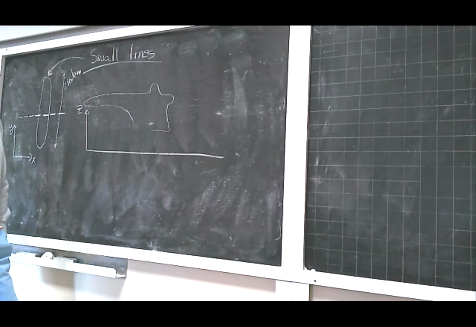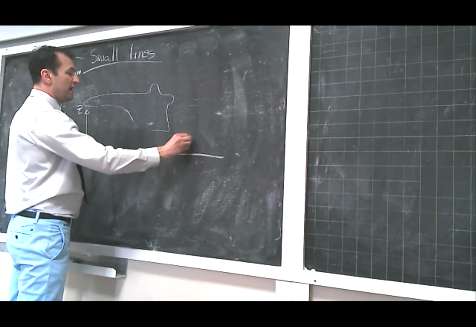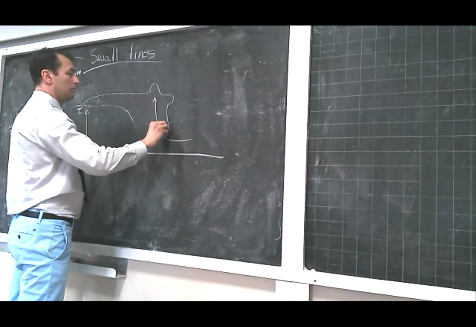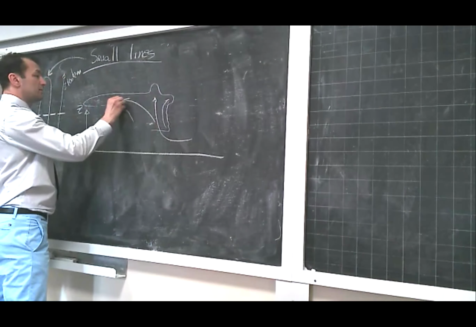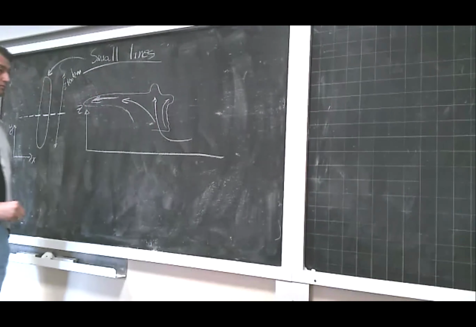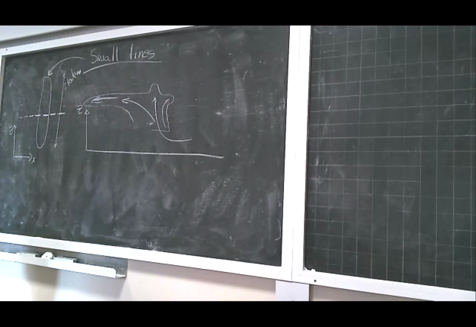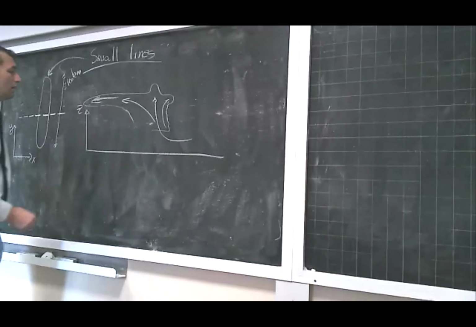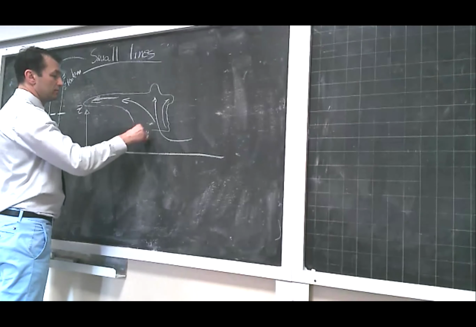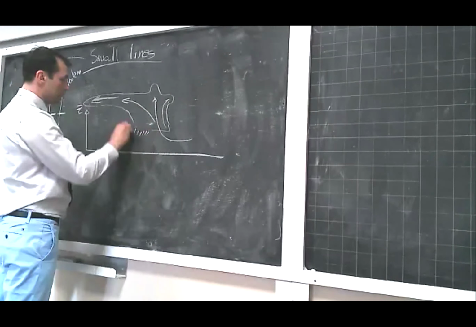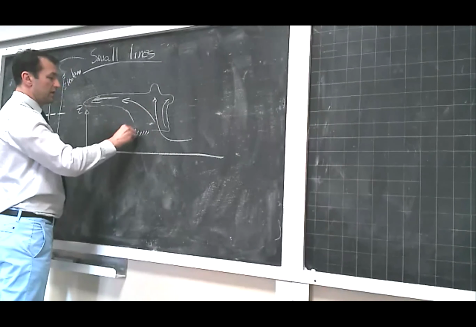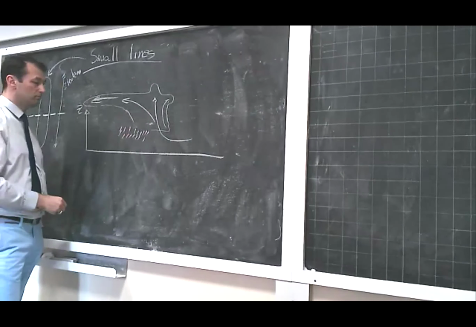So what would be the flow field in this squall line? Here we would have inflow that then spreads like so. Here is precipitation, and this is all the precipitation zone.